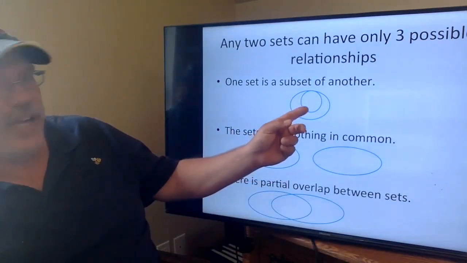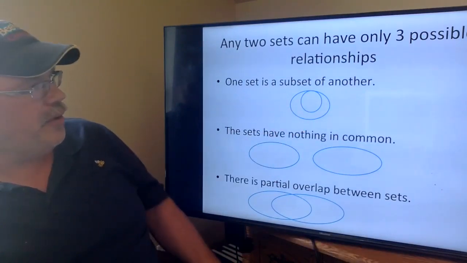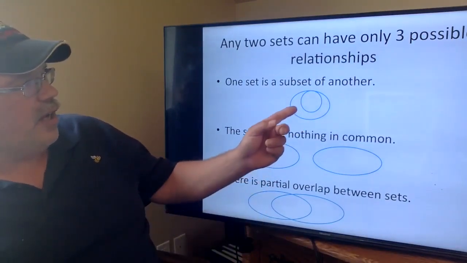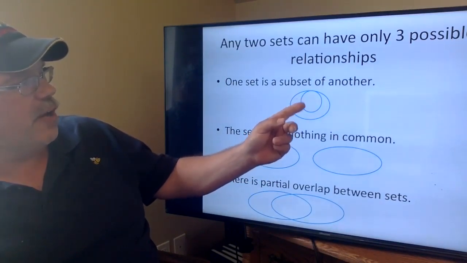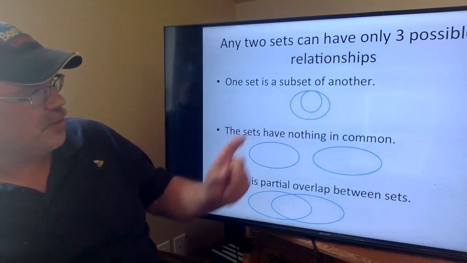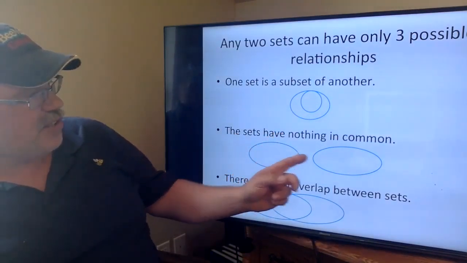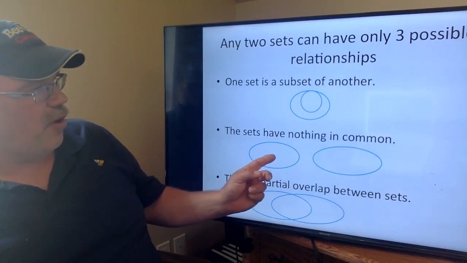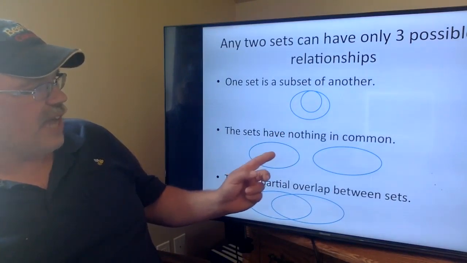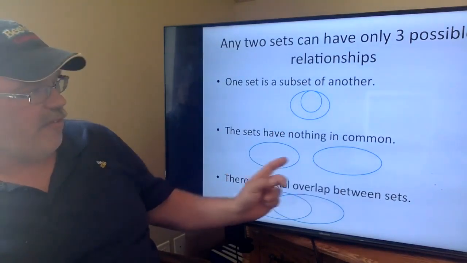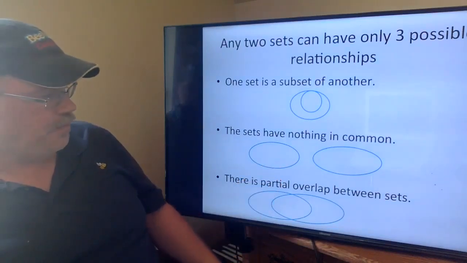One set can be completely inside another, so that a category like female students is entirely within the category of students. Then you could have sets that do not overlap at all. So the set of cats and the set of dogs have nothing in common.